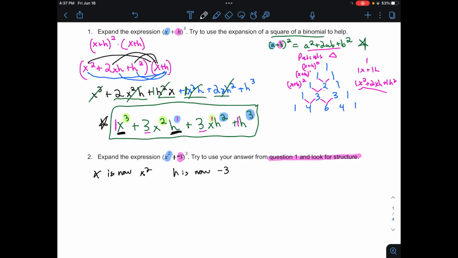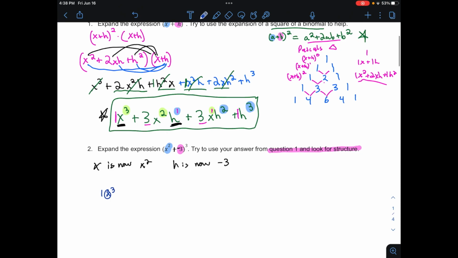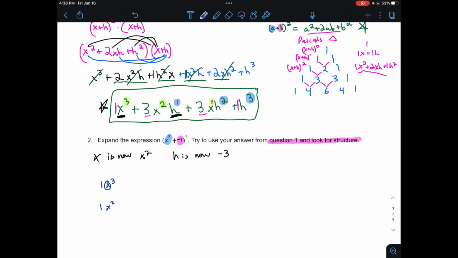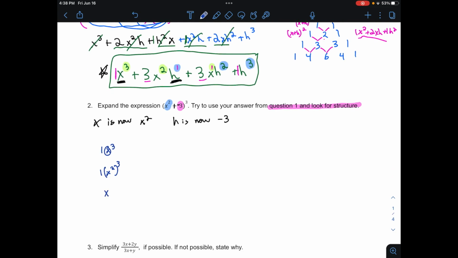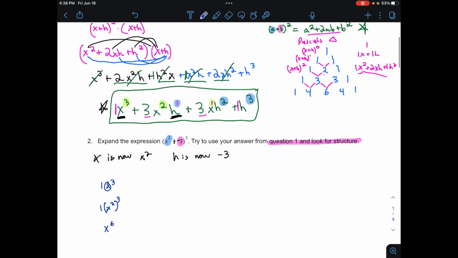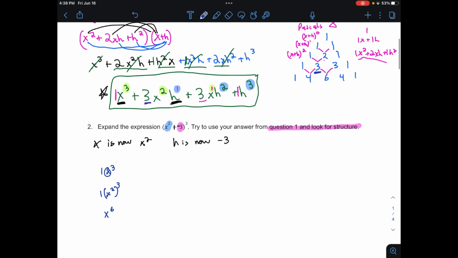So if I have 1x cubed as my first term, well, x is now x squared. So instead of x, I should say 1x squared cubed, which we know is x to the 6th. Now my next term has a coefficient of 3 that relates back to Pascal's, as we can see when we expanded out our x plus h from before.